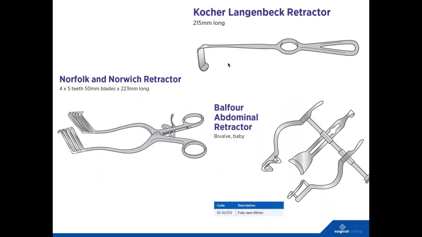And retractors, yes, there are lots of different retractors. Norfolk and Norwich type retractor, sort of self-retaining with your ratchet that you see there. That's what we would call an internal rack, which is a modern rack that is applied to instruments.